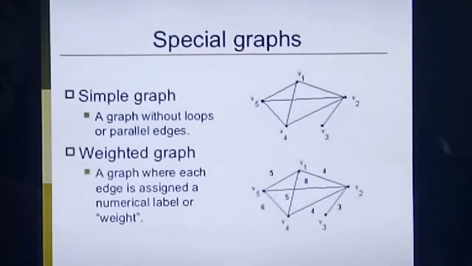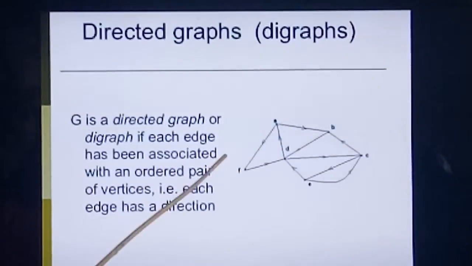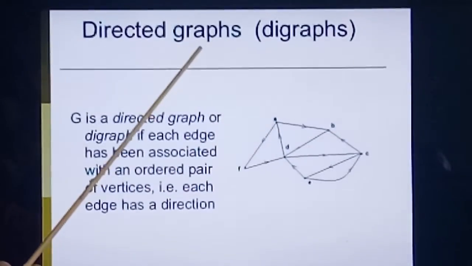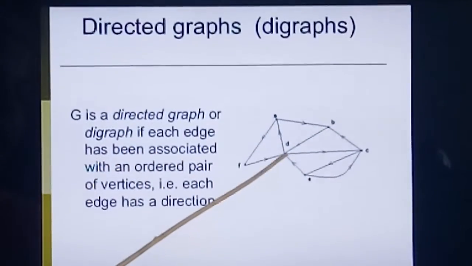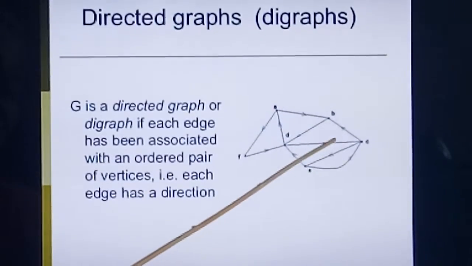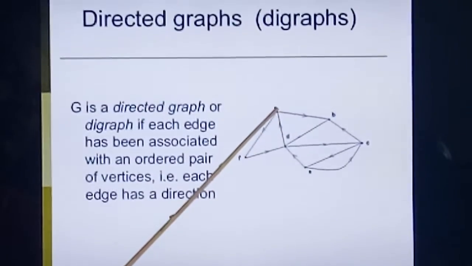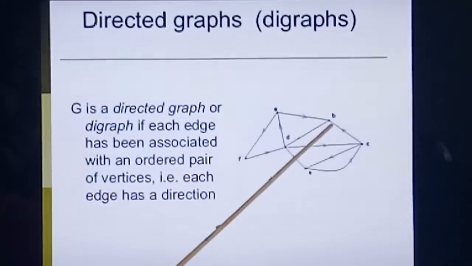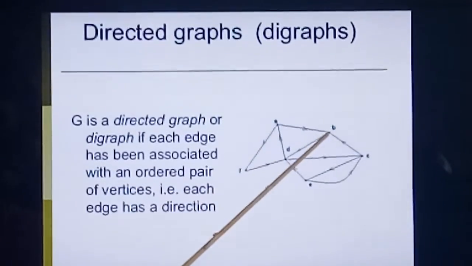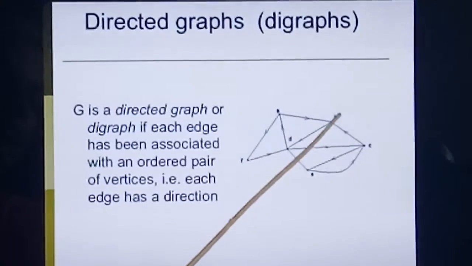When you don't specify anything, it is not a weighted graph. And when you have directions, it is called a digraph or directed graph. When you don't specify any directions, it is an undirected graph. If the path is going to be one way, then the arrow mark is specified from A to B. It shows that the edge goes from A to B and not from B to A. So that's the meaning of directed graph.